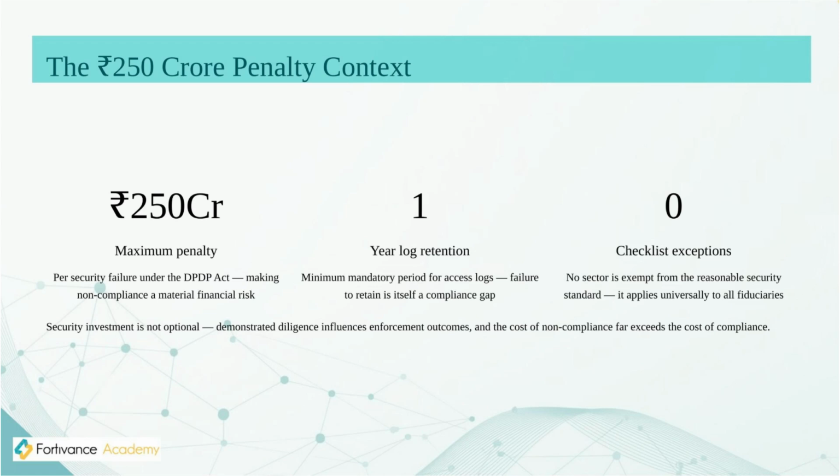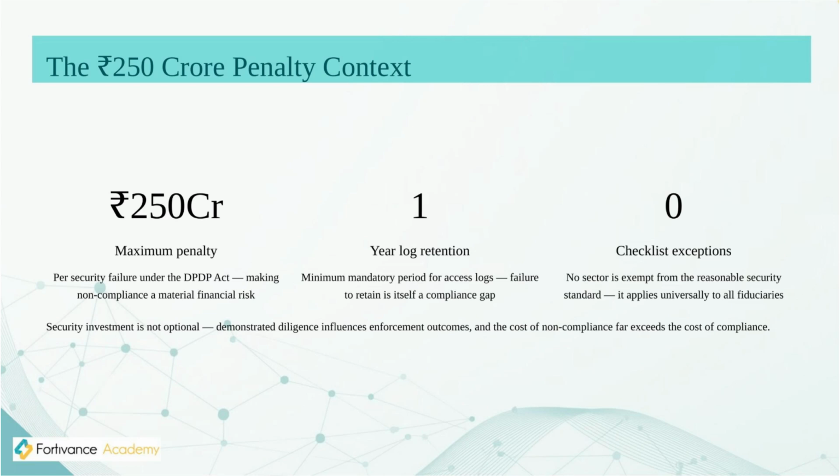Here's the important nuance though. The penalty isn't automatic for every incident. The framework looks at factors like the nature of the failure, whether you took reasonable measures, and how you responded. An organization that genuinely implemented proportionate safeguards and responded responsibly is in a very different position from one that was negligent and careless.